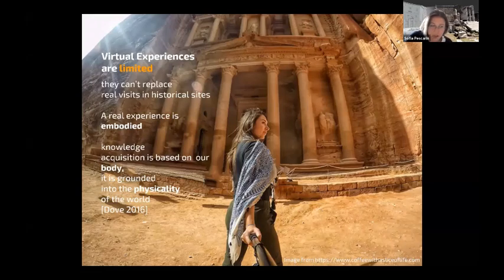Knowledge acquisition is based on our body. It is grounded in the physicality of the world. And concepts themselves, as scientists in brain sciences are discovering, are to be considered embodied. And real experience is embodied.